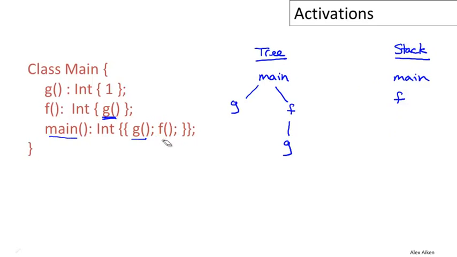And then F will finish, and F will also get popped off the stack. And finally, main will finish, and main will also be popped off the stack. And so that's the idea. So that is how we can use a stack. Essentially, when a procedure is called, we'll push an activation for that procedure onto the stack. And when a procedure returns, we will pop that activation off the stack. And because activation lifetimes are properly nested, this will work out.